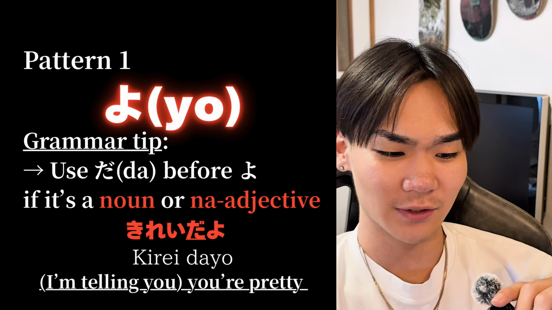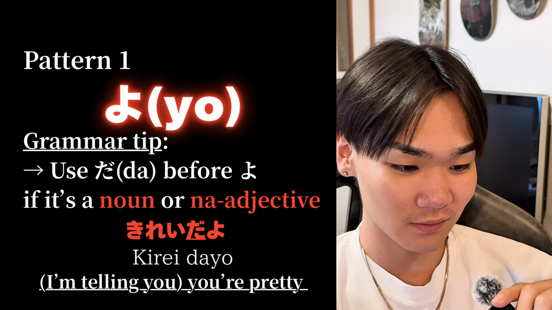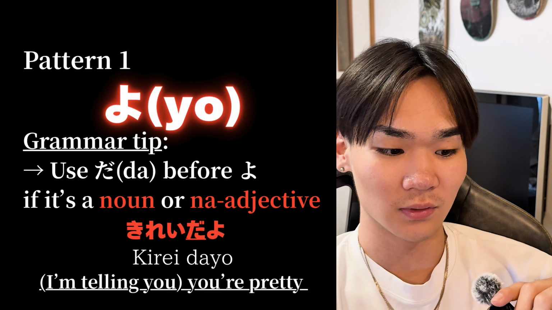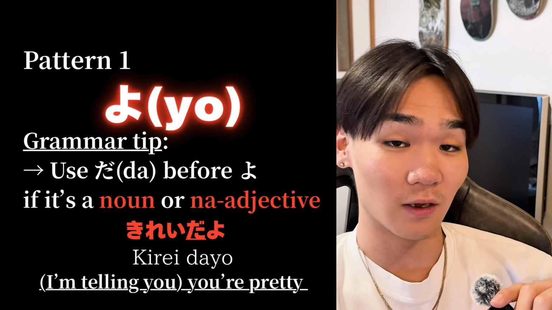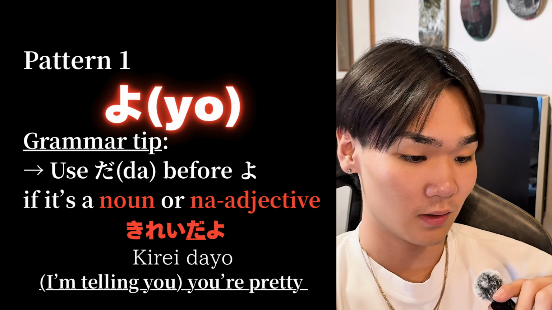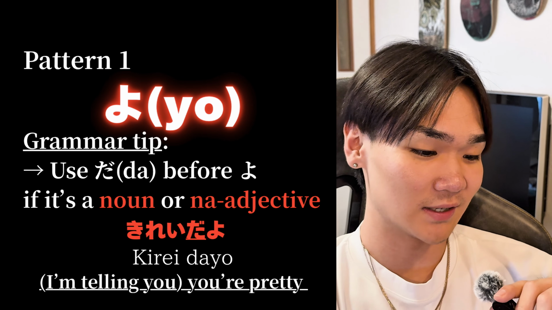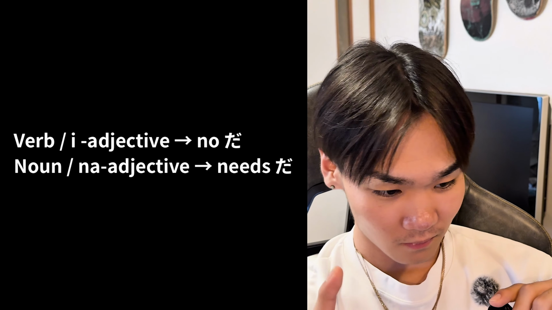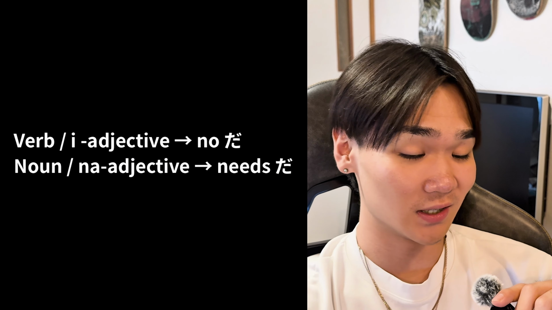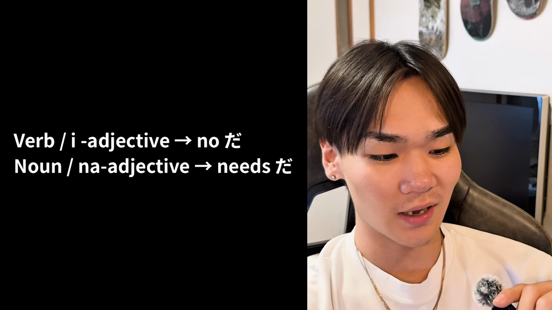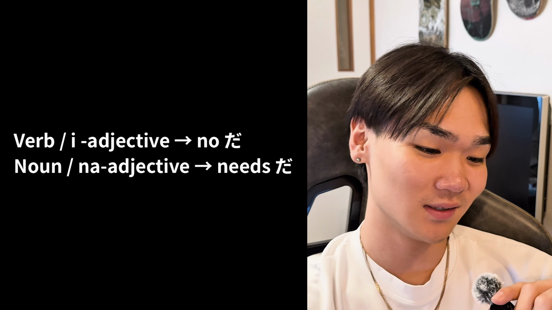So yeah, you have to add na before the noun. We call that kind of adjective na adjective. So at the end, you say 綺麗だよ. You have to add da. 綺麗だよ, not 綺麗よ. Just remember verb and e adjective. So most of the adjectives you don't need da, but noun and na adjective needs da.